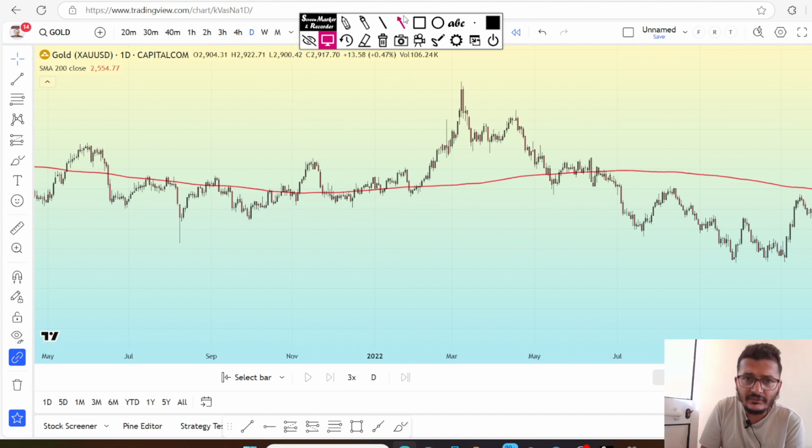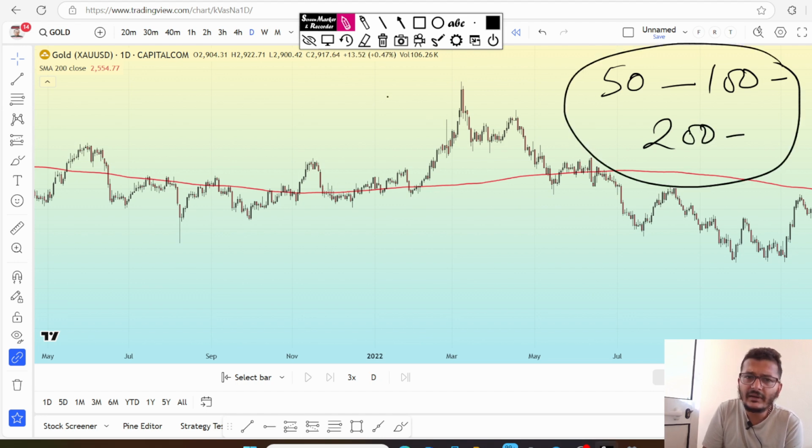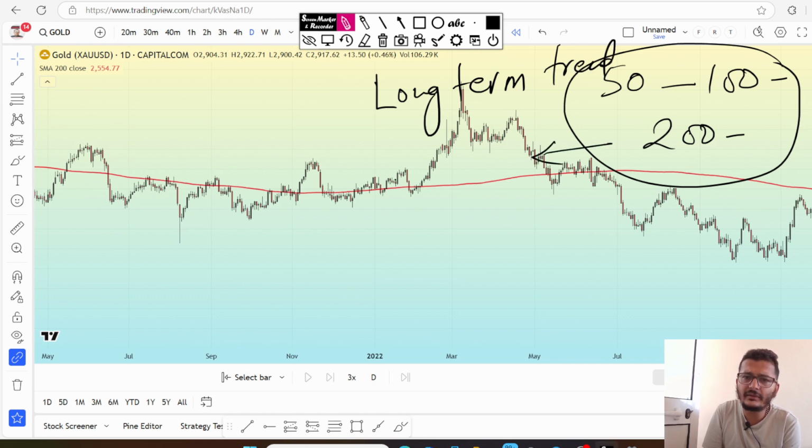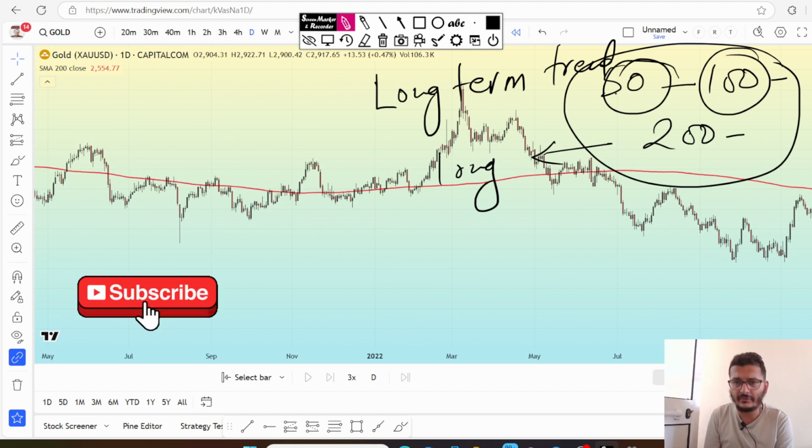These are the basics. And another thing you need to understand is the 50 moving average, 100 moving average, and 200 moving average. These three moving averages help to find the long term trend. Especially 200 is long term, and 100 and 50 are also used for the long term trend by swing traders.